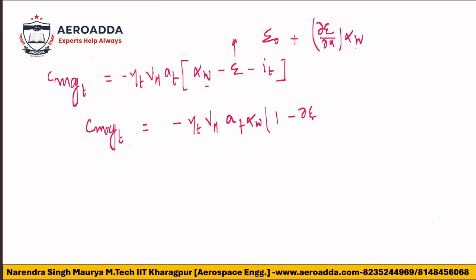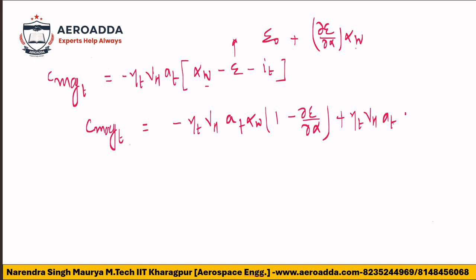It's easy only. Dou epsilon by dou alpha after taking alpha W common. Then again, because here we have a minus sign already, and epsilon is also minus, minus minus is plus, so you can put a plus sign here. Again, you take all the values inside, so it's nothing but eta t VH into this AT, and this AT will be with epsilon naught and IT, because dou epsilon by dou alpha is already taken outside.